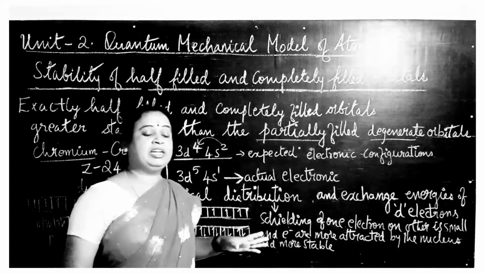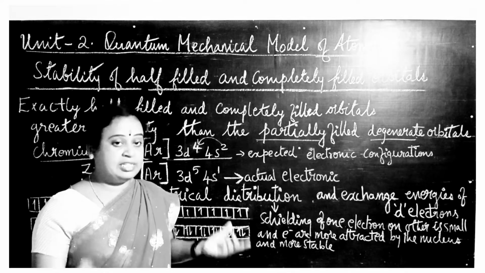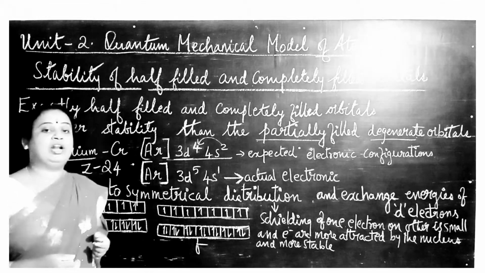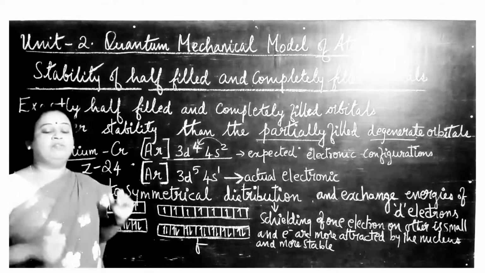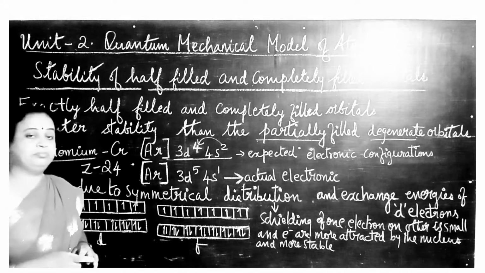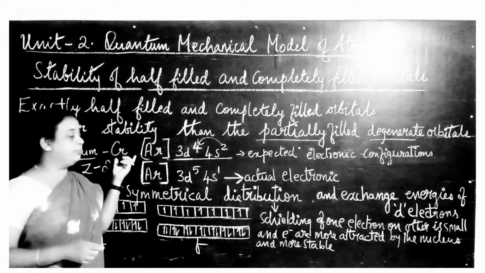Unsymmetrical distribution of electrons always leads to an unstable condition of the atom, whereas symmetrical distribution, as in the case of chromium, always leads to stability of the atom. So that's why the example is given in the case of chromium.